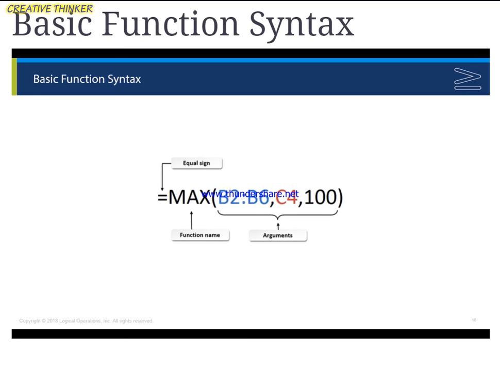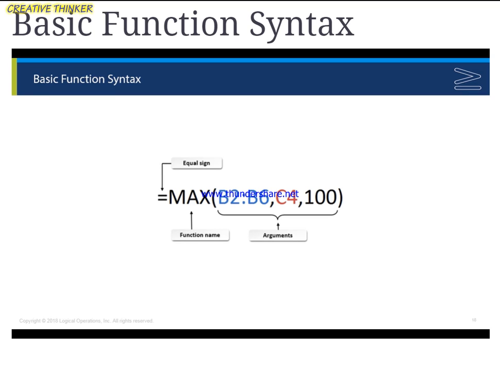So for sum, for max, for min, you have to have one number that's required. But you can add additional numbers if you'd like. Here we can see that in the arguments we're taking first a range, B2 to B6. The next value is the data in C4, and the next value is a constant value of 100.